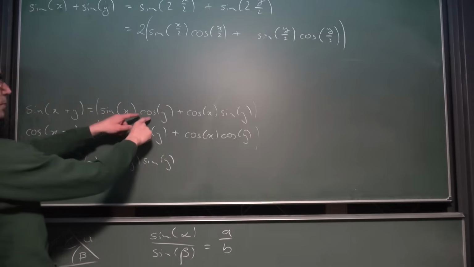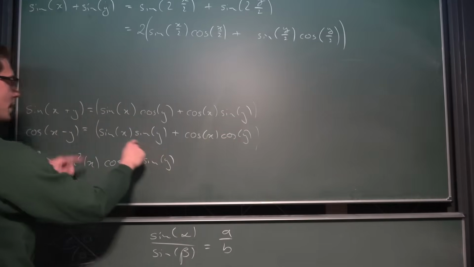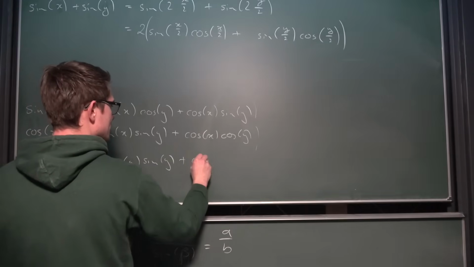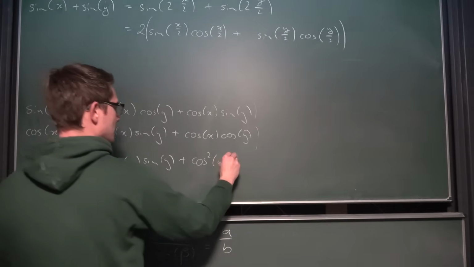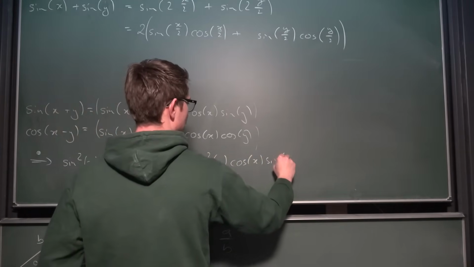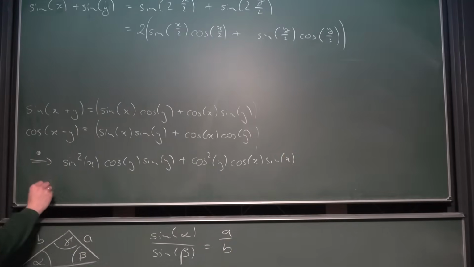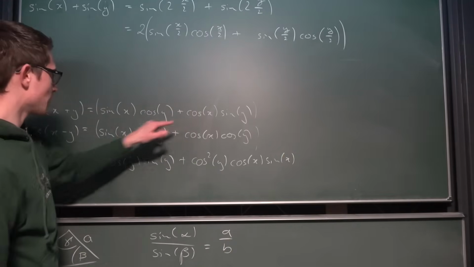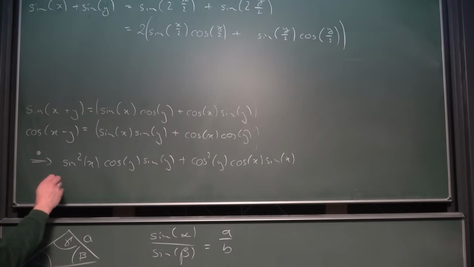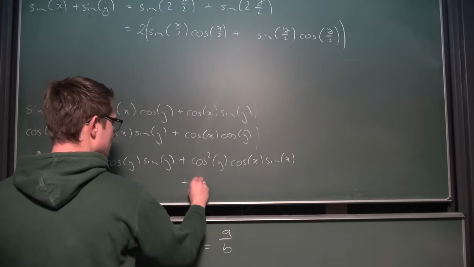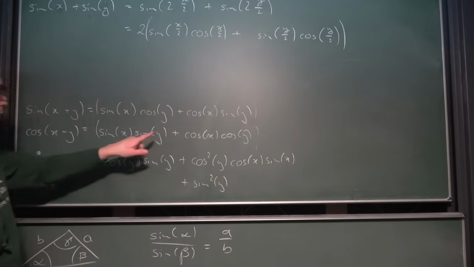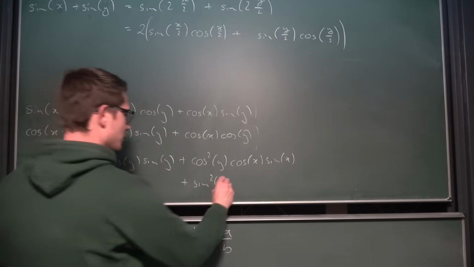We get the cosine squared of y part, times the cosine of x times the sine of x. And now the next one, multiplying this one with this one, we get a sine squared of y part right here. I'm going to put it here for reasons that will become apparent in a second. So sine squared of y and then sine of x cosine of x.